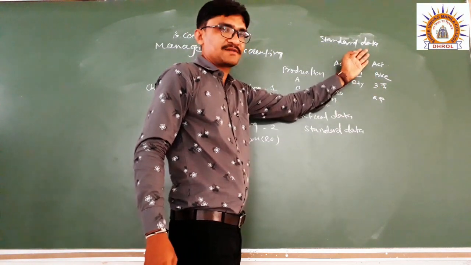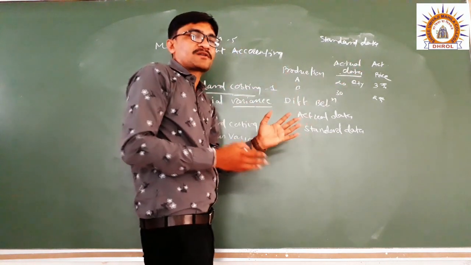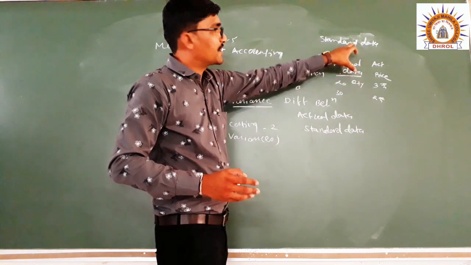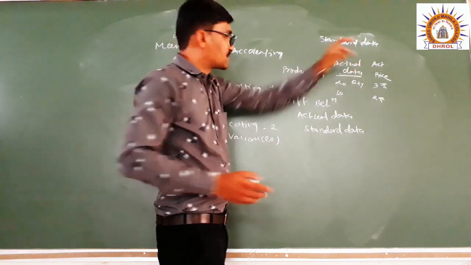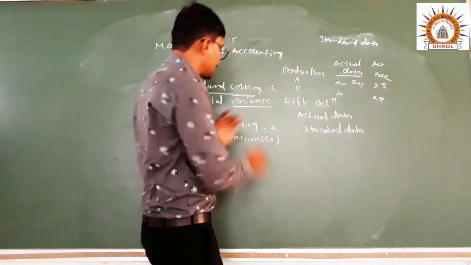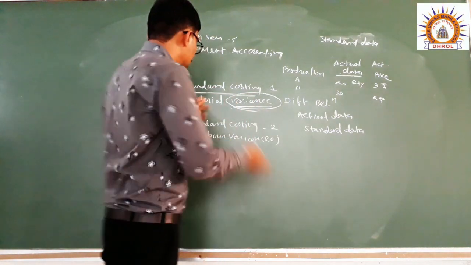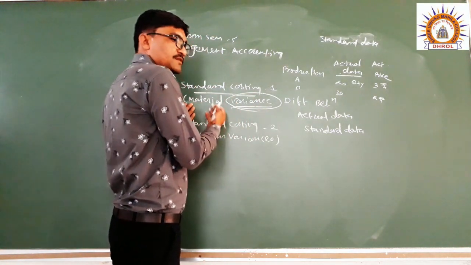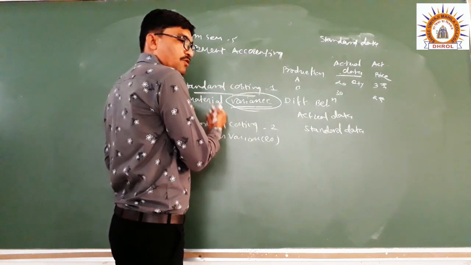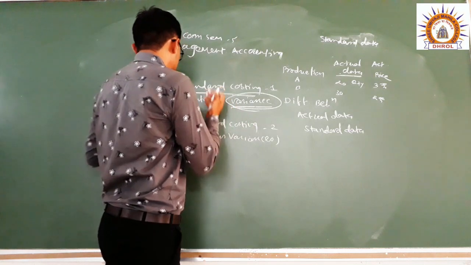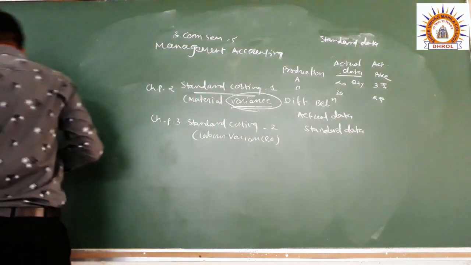So in this chapter, you find out the difference between actual data and standard data. This difference is known as the variance. So here, material variances require raw materials, production and all the things in this chapter.